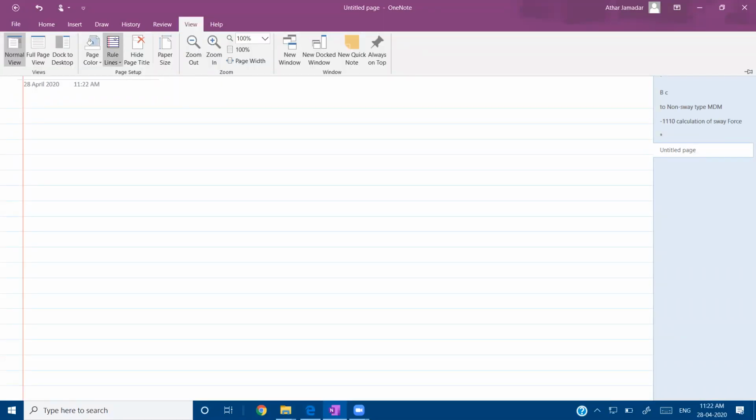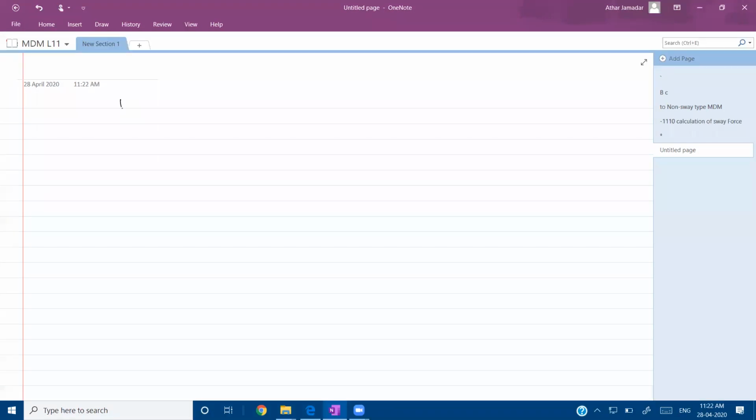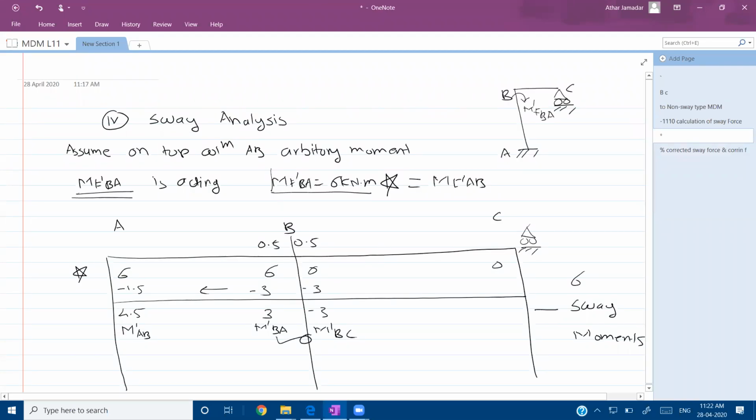So here the next step is calculation of corrected sway force and correction factor. This correction factor is very important. Now if you see here, M dash AB, M dash BA and M dash BC are acting. For these sway moments, we have to calculate HA again.